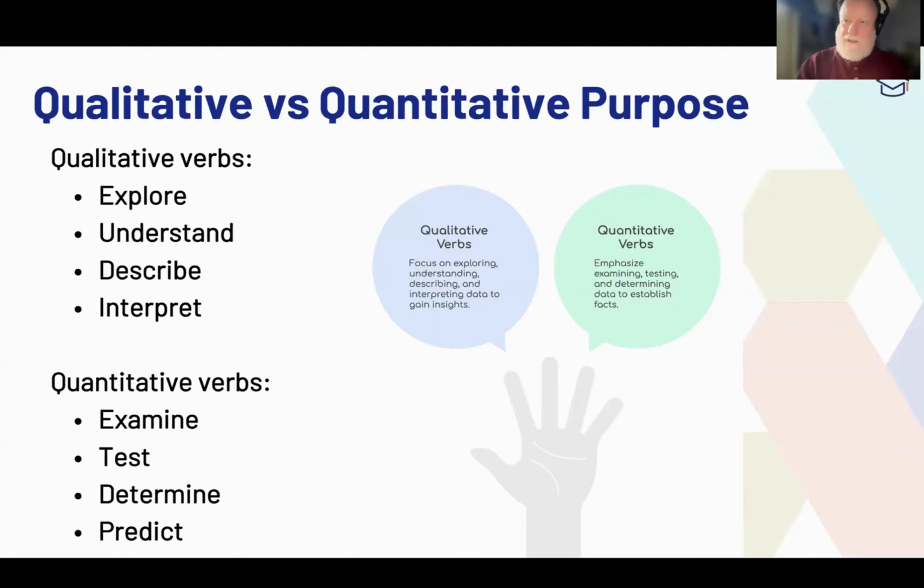So just like Jessica was saying at the beginning of this meeting, words matter. The lexicon matters. And just one word can literally change an entire study. So the power of words.